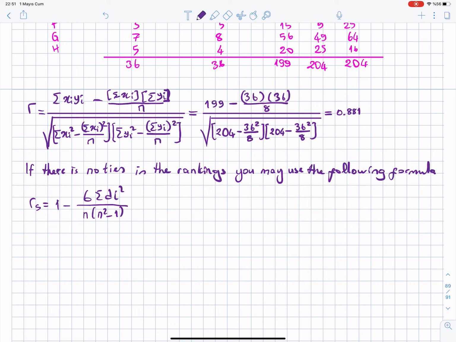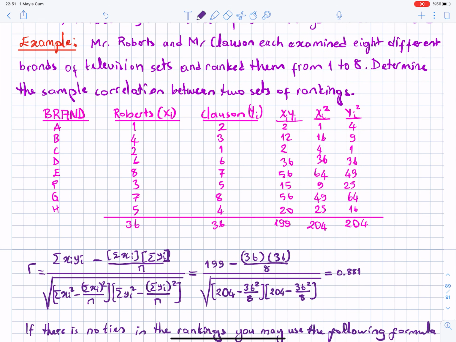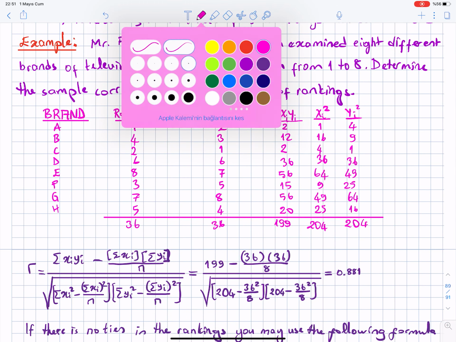It is less complicated and takes less time to get the correlation coefficient. If there are no ties, I am expecting to get the correlation coefficient of 0.881. So let's see in our case. The di is the difference, and I don't have it here, so I'm going to get it for you.